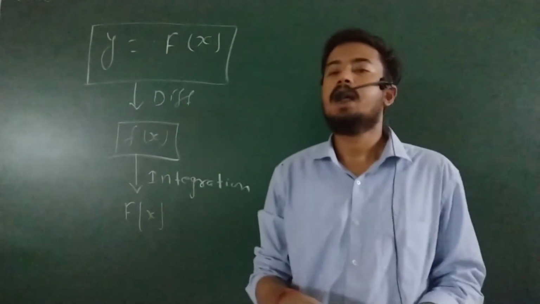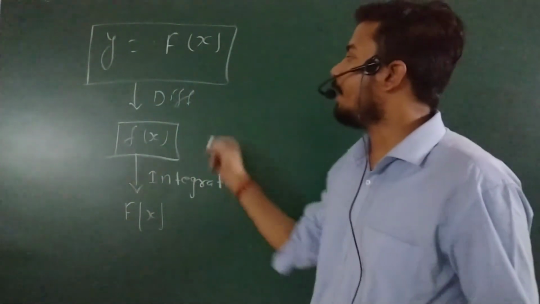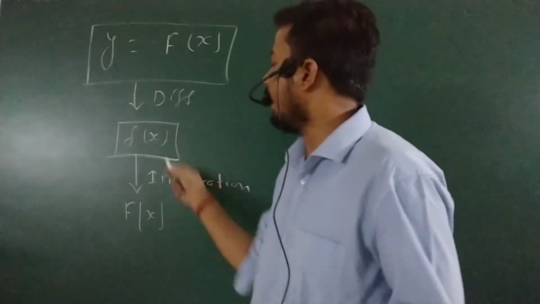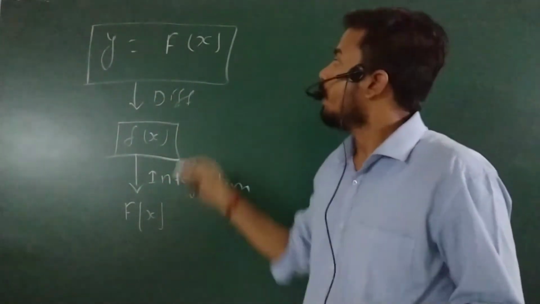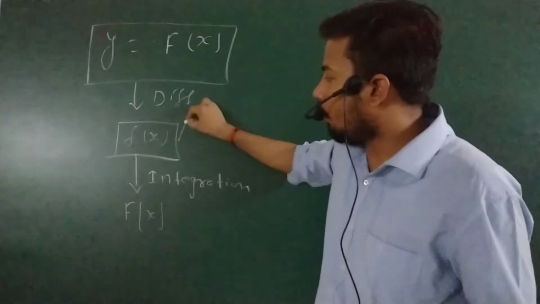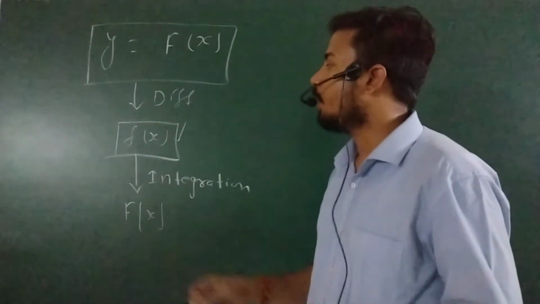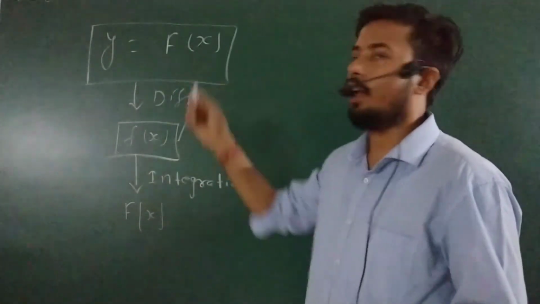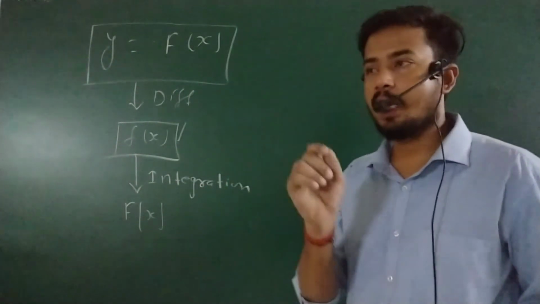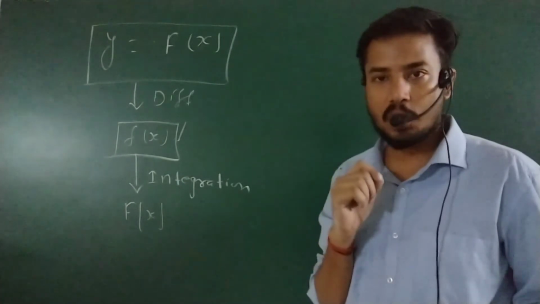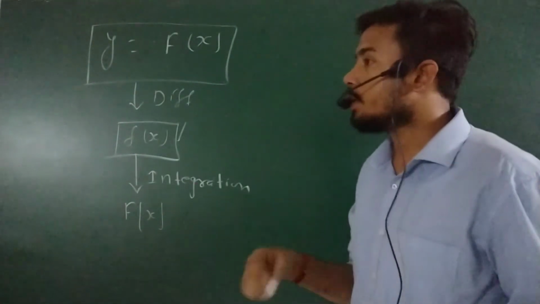Similarly, differentiation is one process and integration is another process. By differentiation you got a small f of x, so by integration you will get this capital F of x. Done, buddy? And this thing I have already explained to you. Yes or no? Okay. Now let's see with an example.